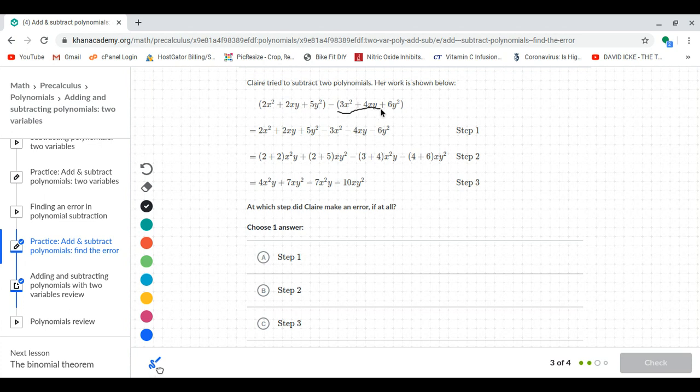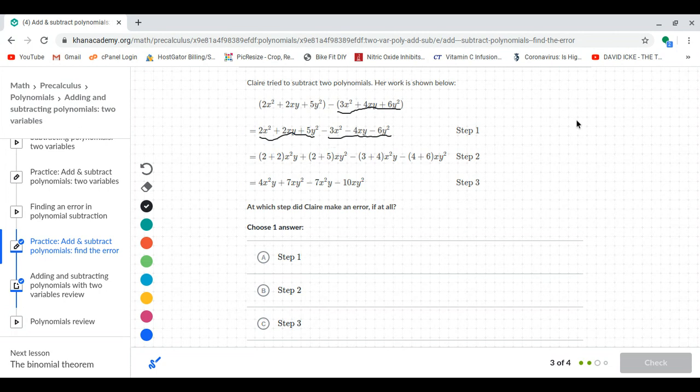So we should change the sign of every term in the underlined polynomial. So it should be minus 3x squared minus 4xy minus 6y squared. So that looks good. We want to keep this the same for right now, so 2x squared plus 2xy plus 5y squared. That looks good as well.